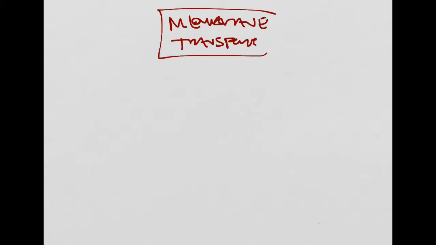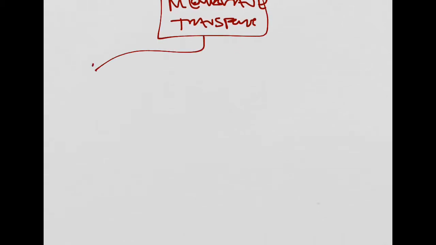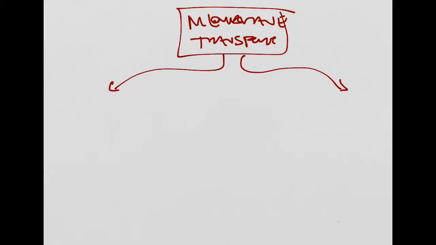I want to make sure that you understand this whole concept of membrane transport. So let's cruise over here for a little bit. And I'm going to give you a little bit of a concept map for membrane transport before we go too far. And you should understand that fundamentally there are two different pathways that one could take.